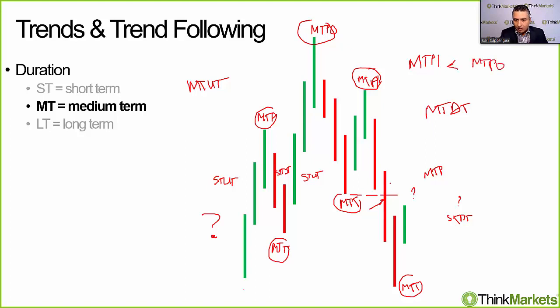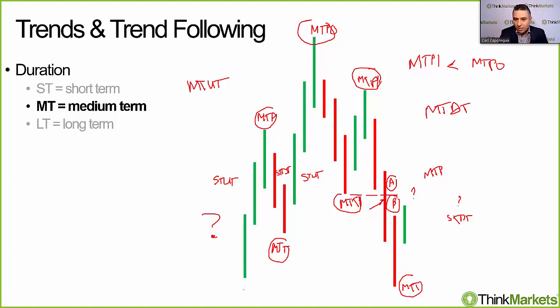Now, let's say we're at point A here above this break, and point B is below the break. At point A, we still are in a situation where the medium-term troughs are rising. But at point B, when we've broken below the medium-term trough, let's call that medium-term trough 1.